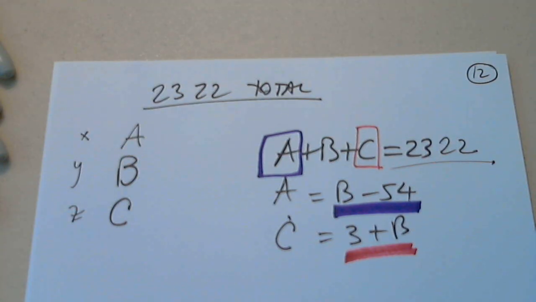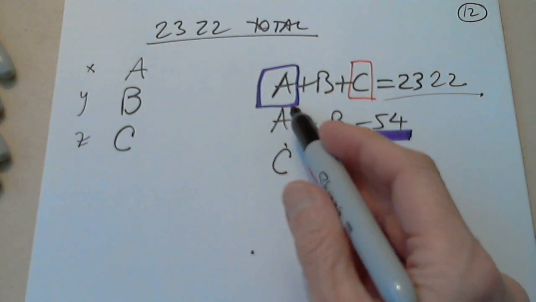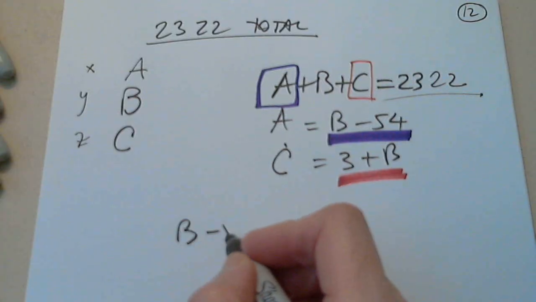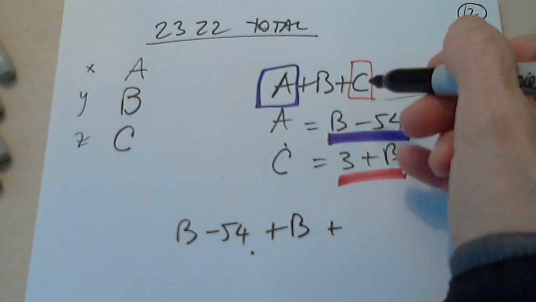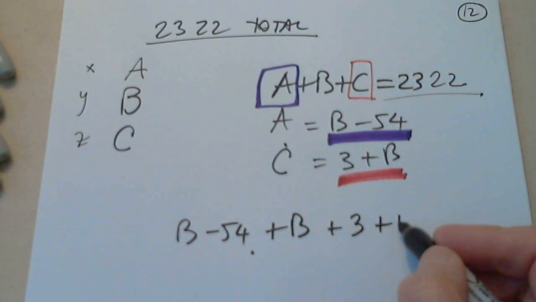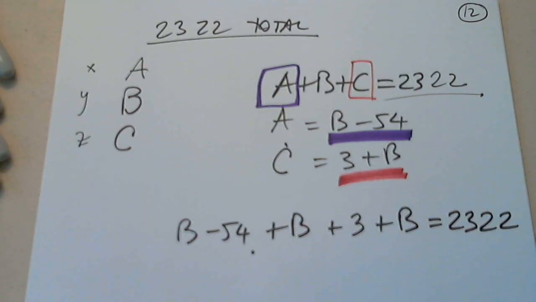Determine B, and then go back and determine A and C. So, instead of A, I put B minus 54, B stays, plus, instead of C, I put 3 plus B. Okay, please take a moment and solve this equation and tell me what you get.